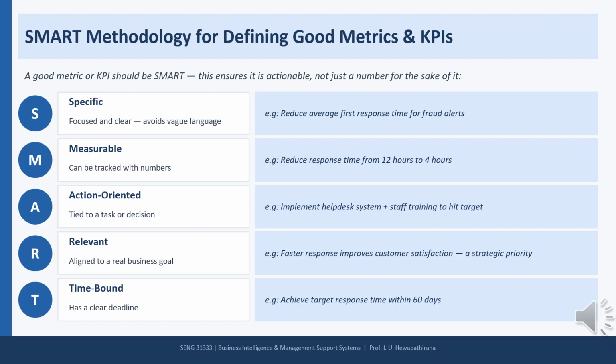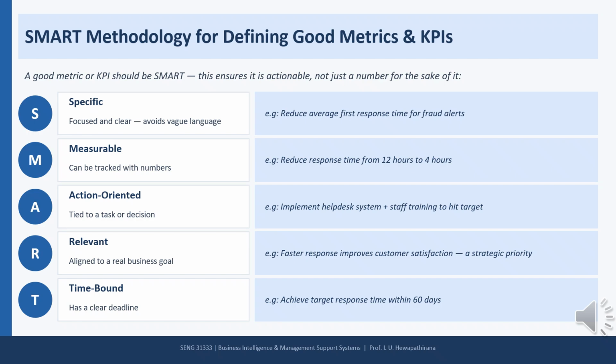Measurable means it can be tracked with numerical data. The example here goes further. Reduce response time from 12 hours to 4 hours. Now you have a starting point and a destination. The metric can be tracked objectively. Action-oriented means the metric is tied to a specific decision or task. It is not just a number being watched passively.